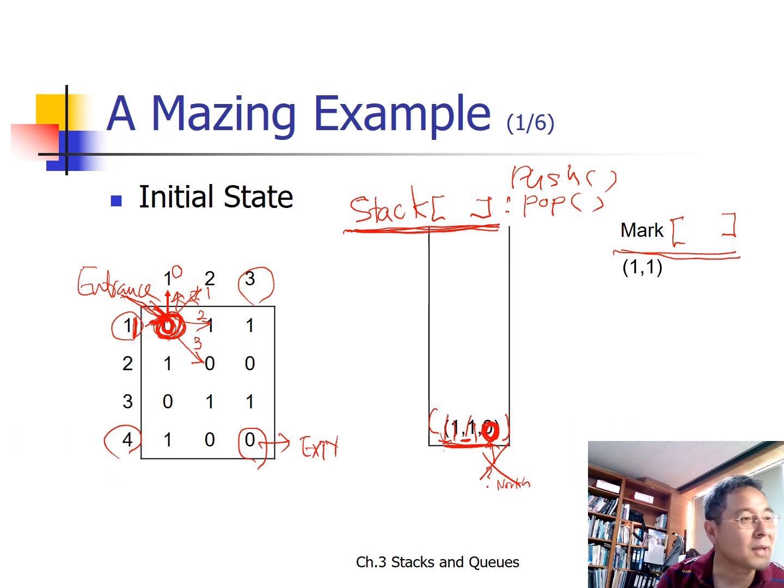Okay, so now I am in this position 2, 2. And what direction was used to drive us to this position? The direction was 3. So we can store 2, 2, and the direction is 3.